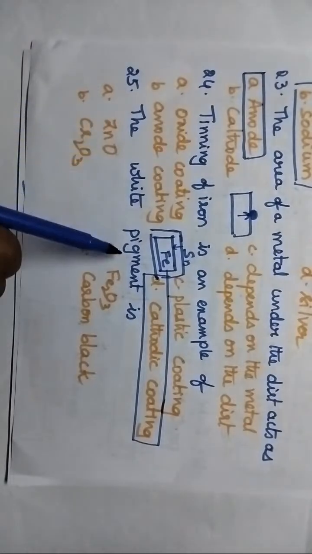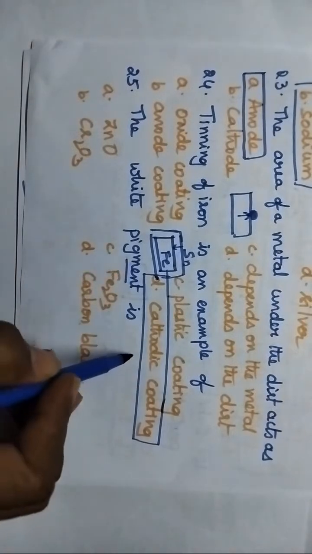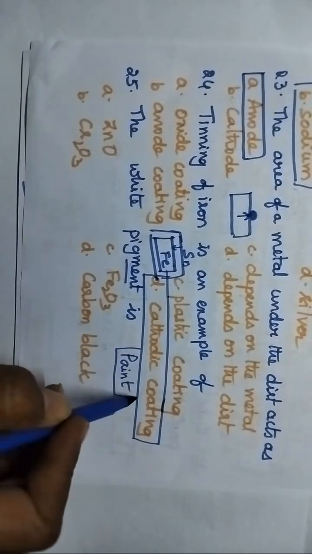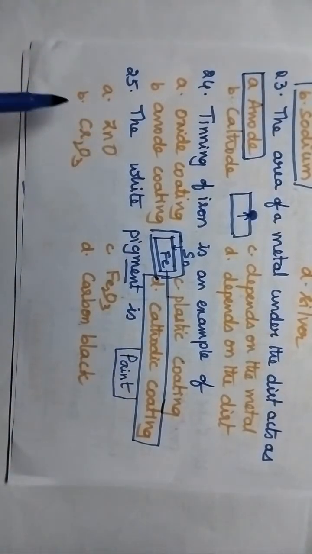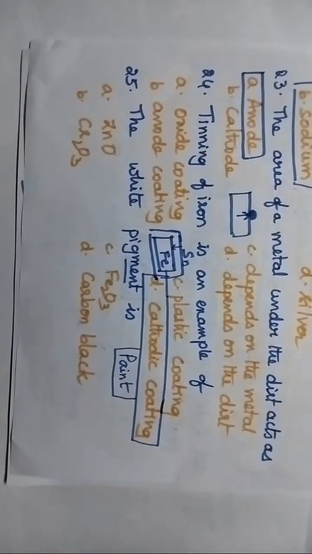The white pigment is, pigment means it is the coloring agent of paint. So which of the following chemical gives white color? A. Zinc oxide, B. Chromium oxide, C. Iron oxide, D. Carbon black. You people are supposed to answer 25th question.